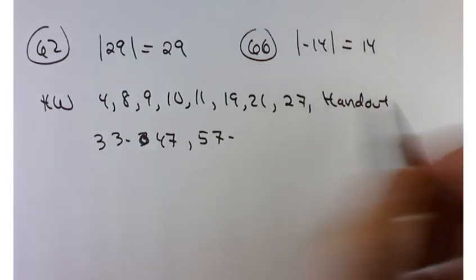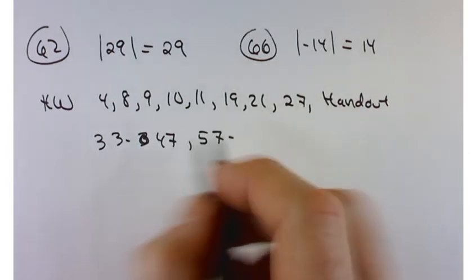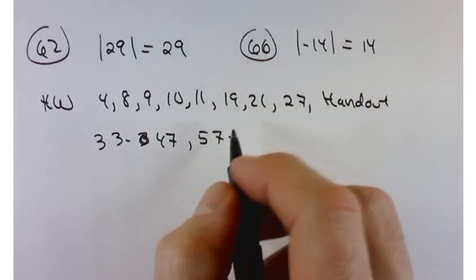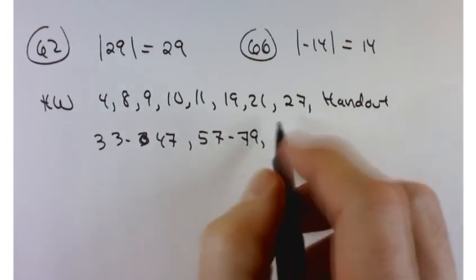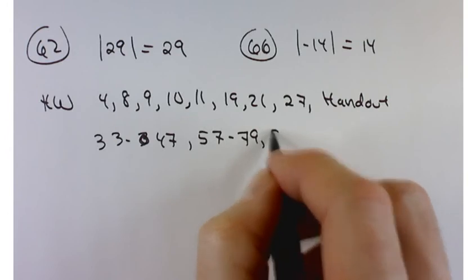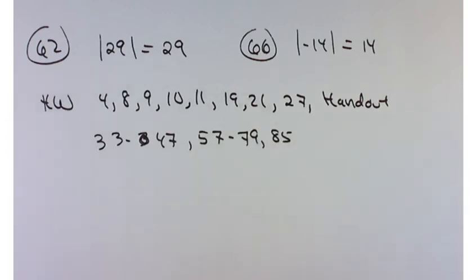Don't forget your handout. 33 through 47, 57 through 79. 83 can be kind of fun. If you wanted to play around with your iPhone, you can do something called a field test. Test the signal strength. So that'd be kind of cool. It's described in problem number 83. That's section 1.3.